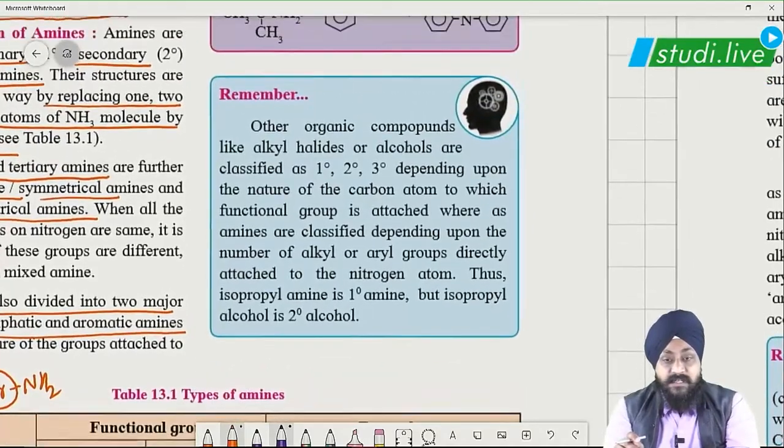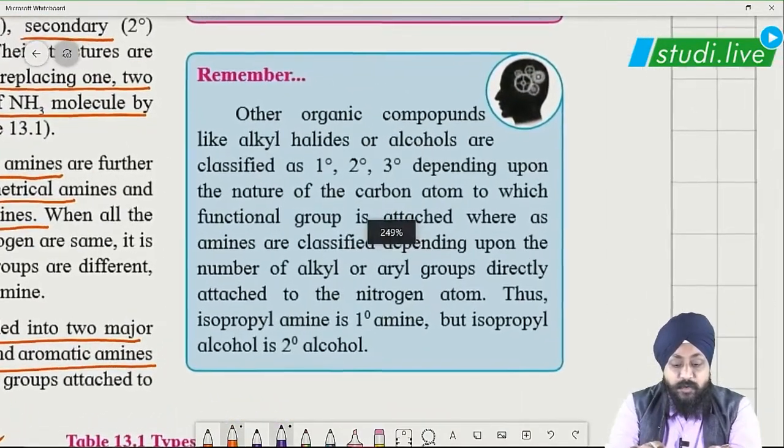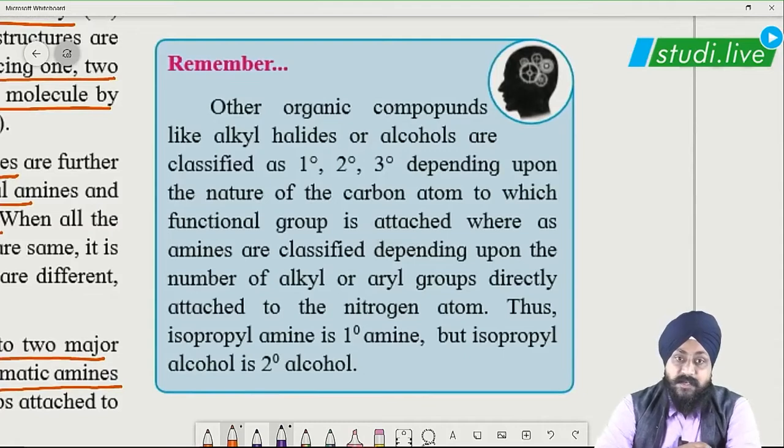Now students, another important thing we are going to talk about is alkyl halide or alcohol. When I say alkyl halide, this is my alkyl halide.